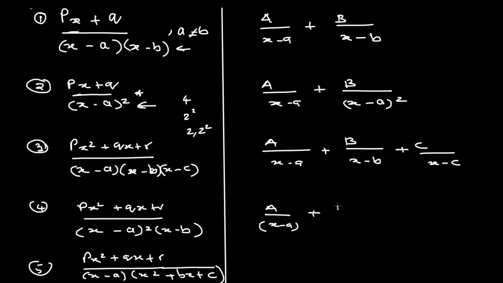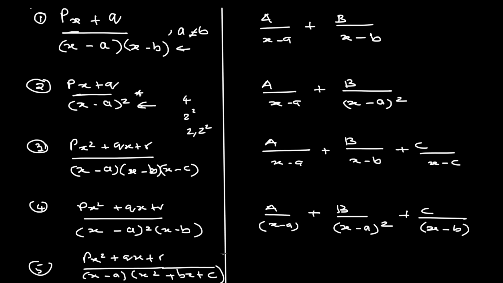Then I'll say plus B. What will be my second factor? My second factor I'll get from here. Like we said, it will be x minus A squared. Then what will be my last factor? My last factor is going to be C over x minus B. Okay, all these factors could be reduced to those.